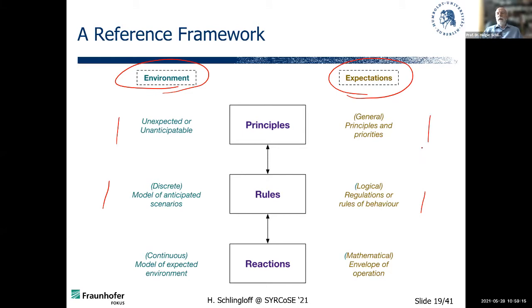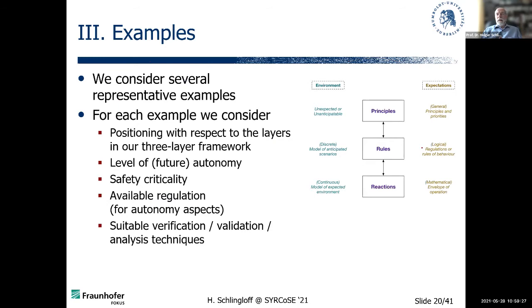Yeah? So I will tell you a little bit more about how this is implemented, or how this can be implemented, shortly. So now I come to the examples part. In the paper, which I referenced, we consider several representative examples. And for each of these examples, which were given in the table before, we consider where the example is positioned with respect to the layers in our three-layer framework.